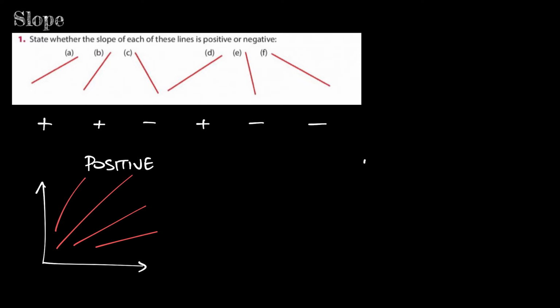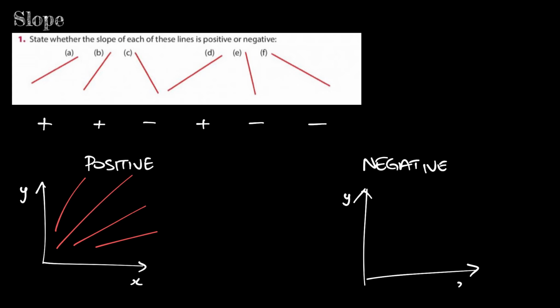Negative slopes will be like this. Obviously, you've got y and you've got x. Negative slopes will be like this. Okay. So negative slopes they slope from left to right.